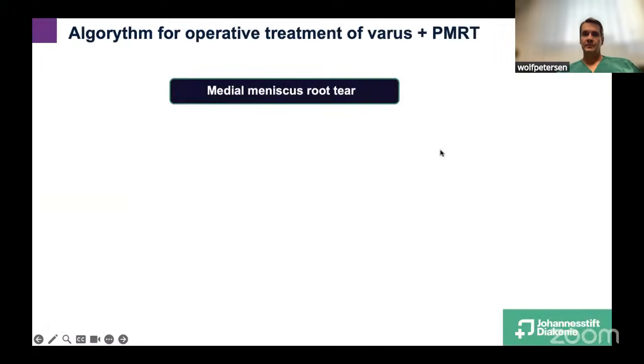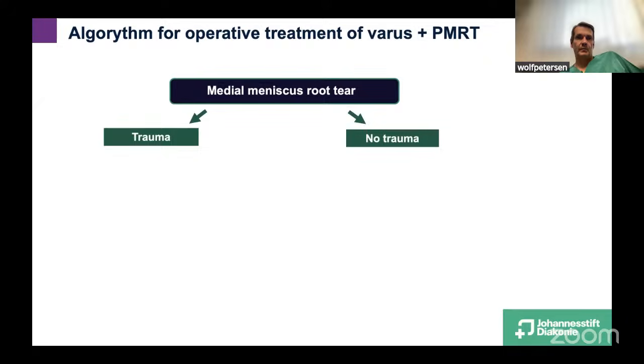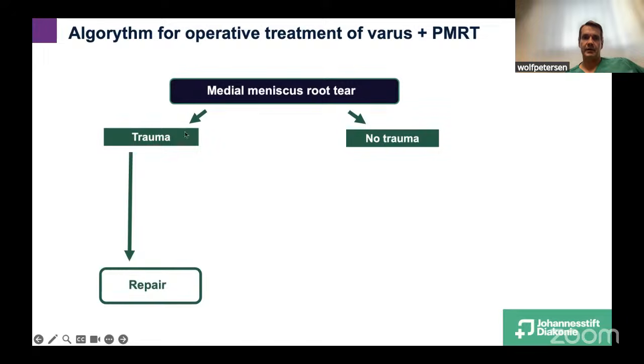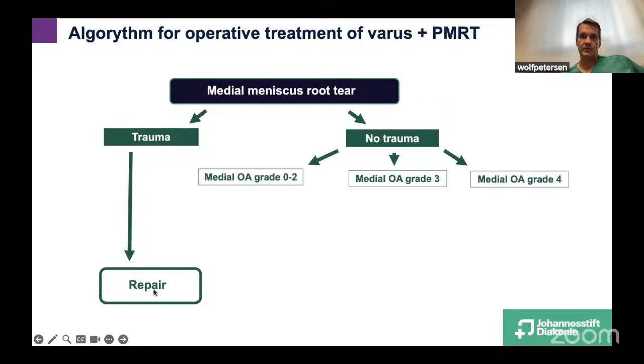So this is an algorithm for medial meniscus root tear. I differentiate if I have a traumatic or non-traumatic tear. In most cases, it's non-traumatic, but in these rare cases of a traumatic medial meniscus root tear, I do a repair, or I try to do a transosseous repair.